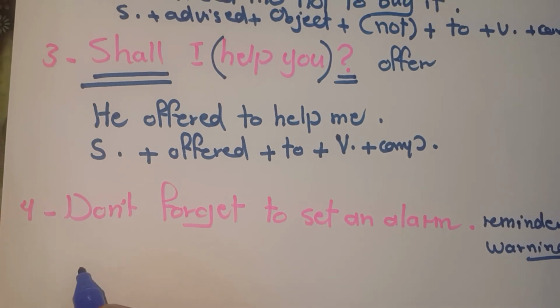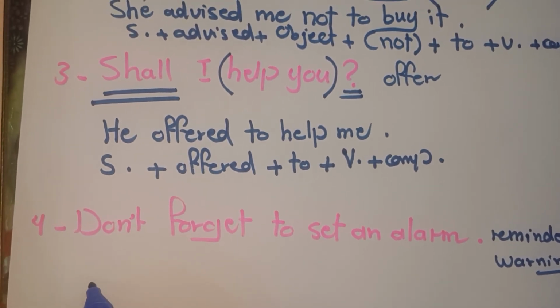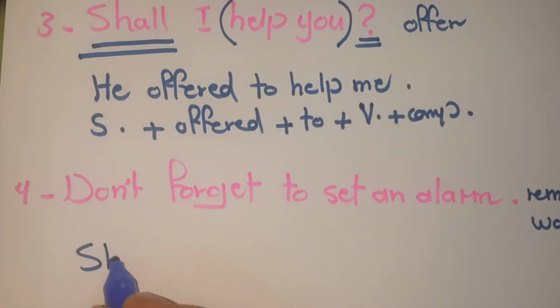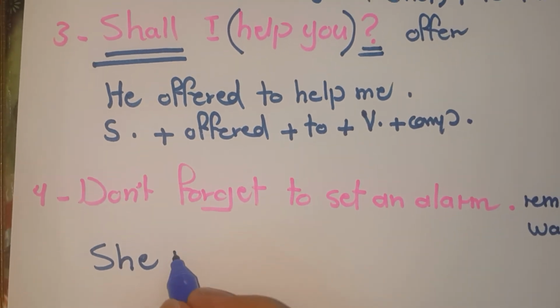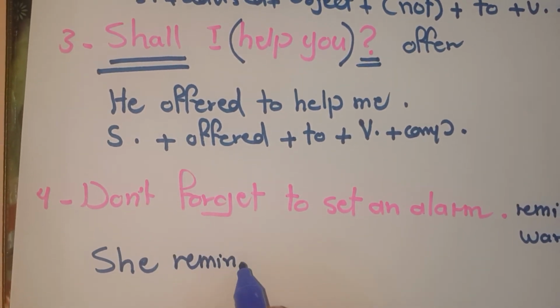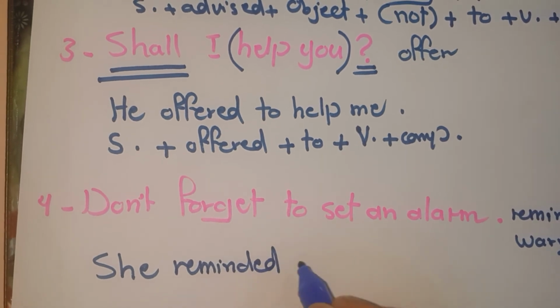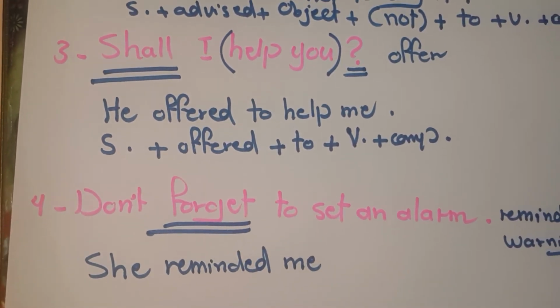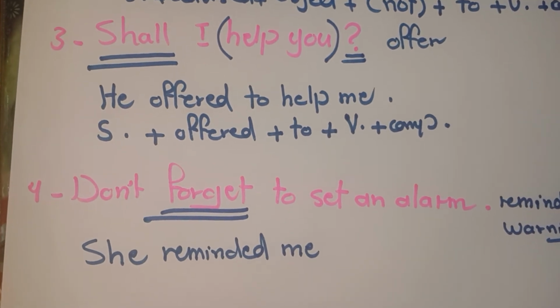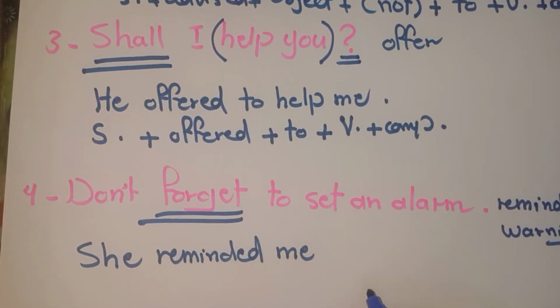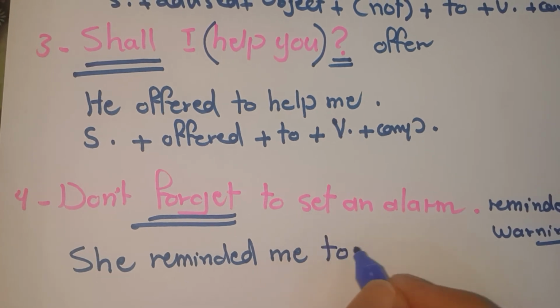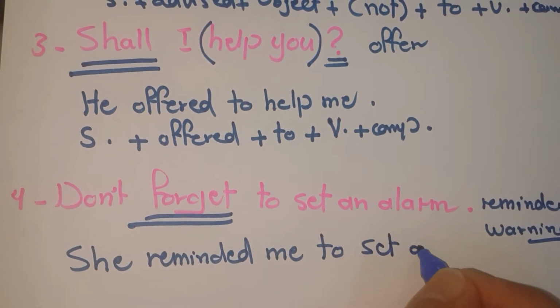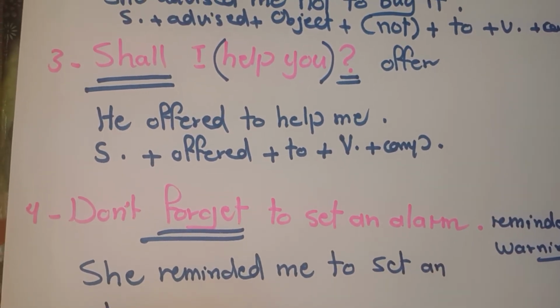We simply say she or he, my mom, my dad, etc. She reminded me. Why remind? Because we have what? Forget. Don't forget. To make you what? Remember. So she reminded me to set an alarm.